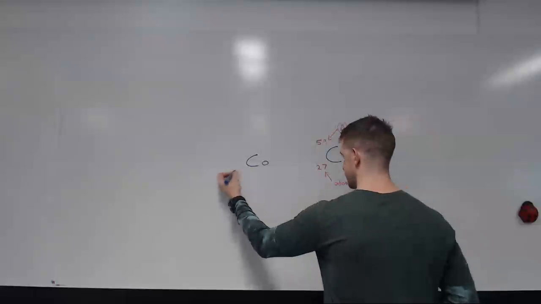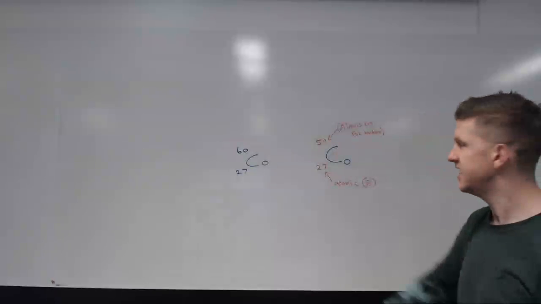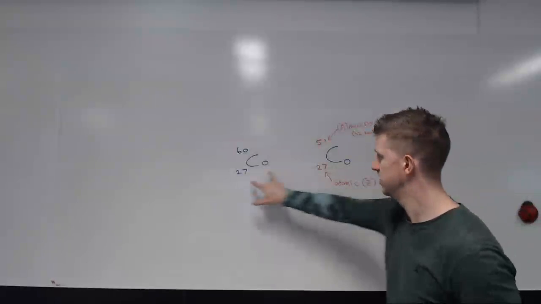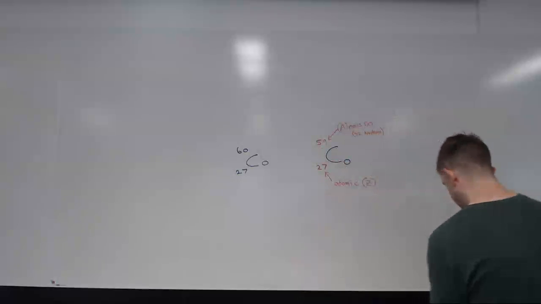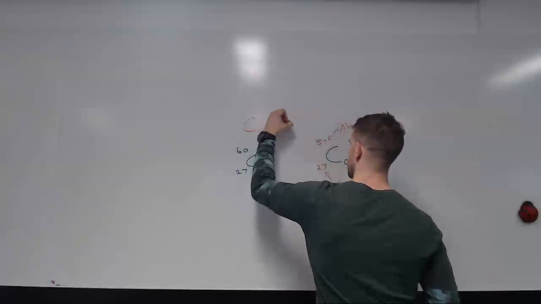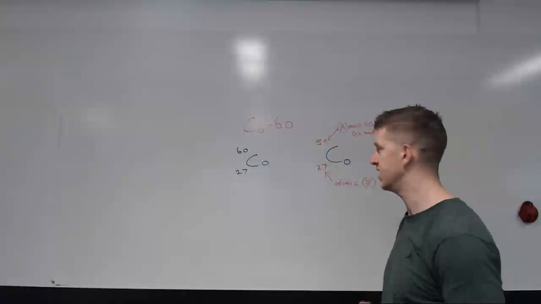Didn't change this. This is still 27. But I've added 1, so it's now 60. So the key here is still cobalt, but it now has 60 instead of 59 as its mass number. And this I would write as cobalt-60.